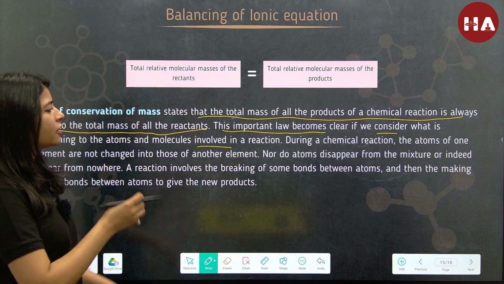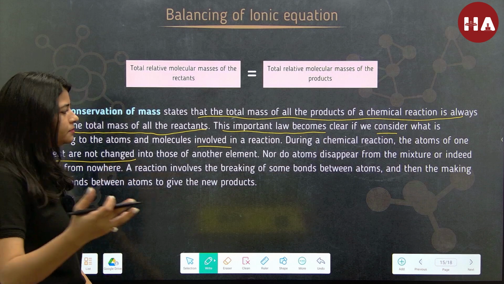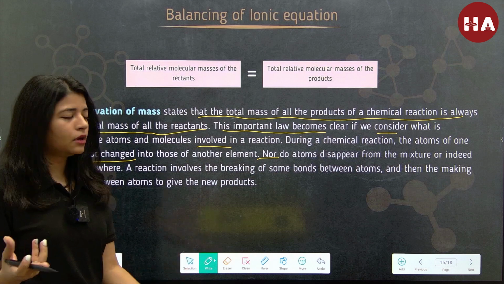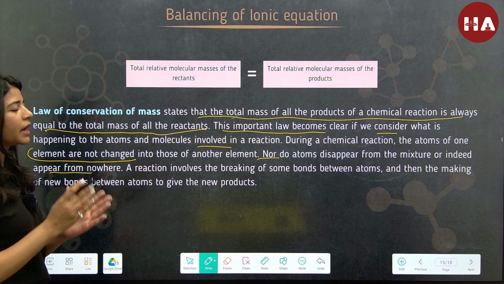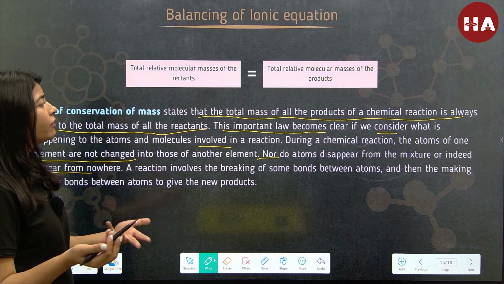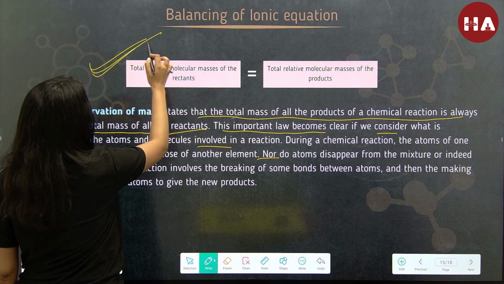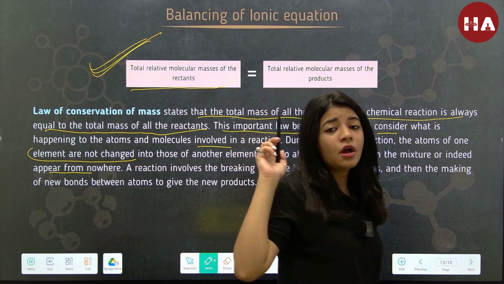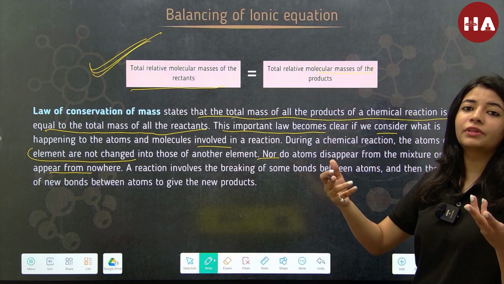During a chemical reaction, the atoms of one element are not changed into those of another element, nor do atoms disappear, where will they disappear, right? Or indeed appear from nowhere. A reaction involves the breaking of some bonds and forming of others. Hence I can say that the total relative molecular mass of reactant should always be equal to the total relative molecular mass of that of product.